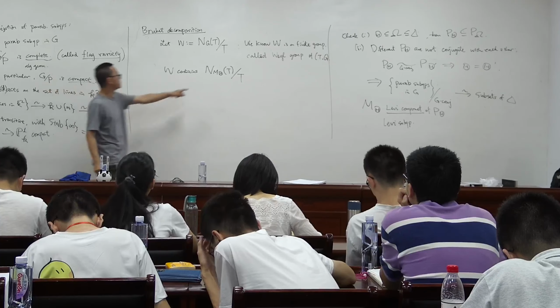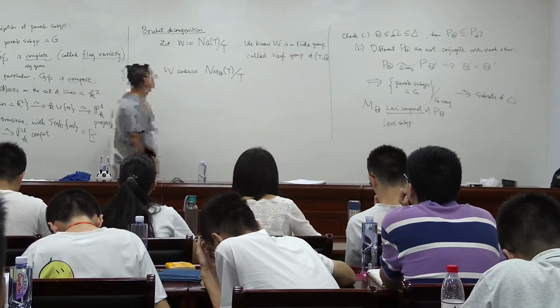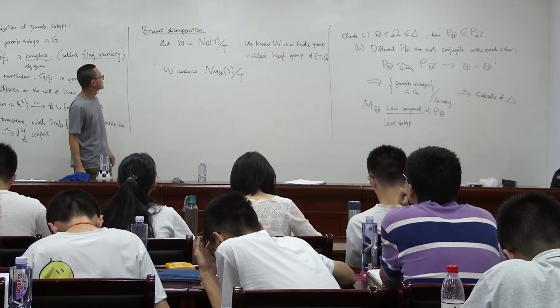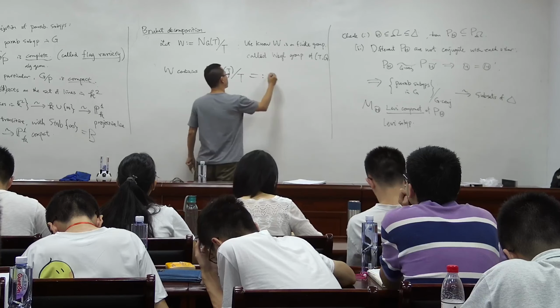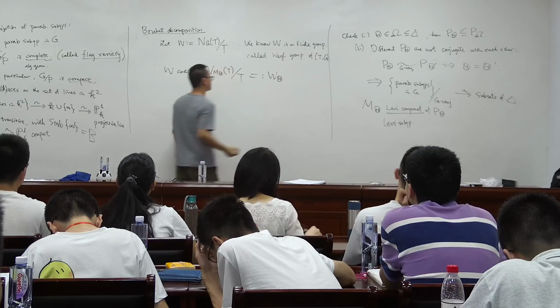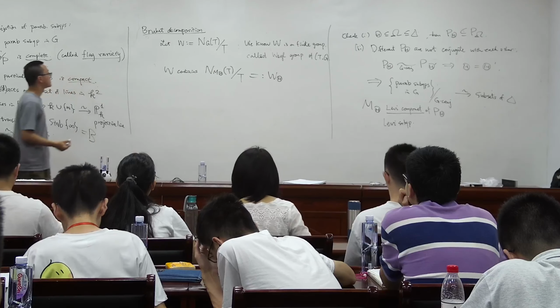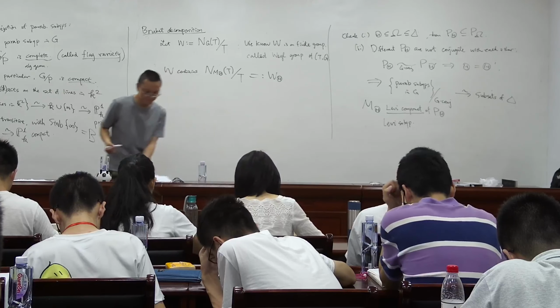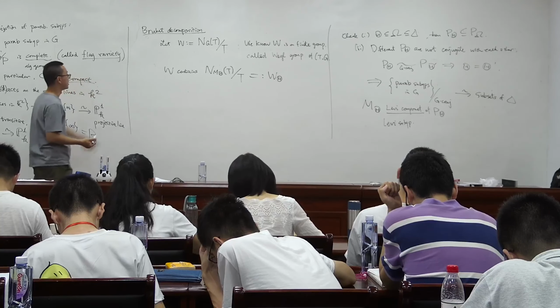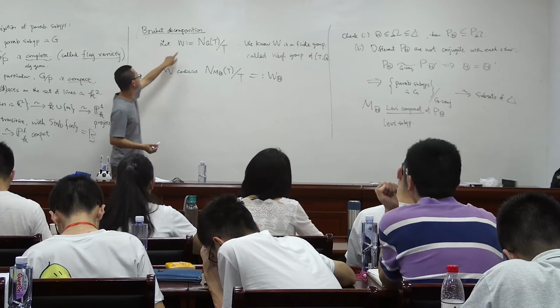Okay, so it's a subgroup in G. So that means W contains this normalizer. Let me denote it by W theta. So we have a lot of subgroups at the W level.